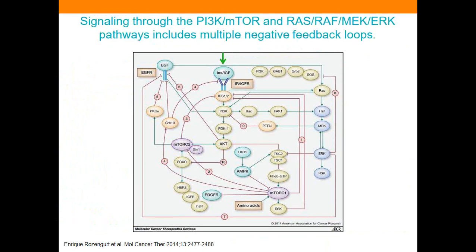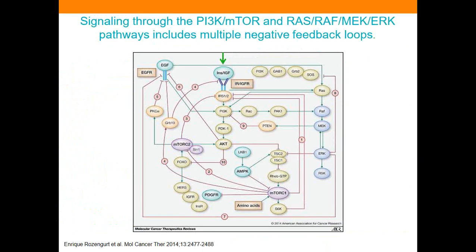We go from number 1, which basically is showing you that mTOR1 and its downstream product, S6K, essentially have negative feedback loops on the insulin receptor substrates 1 and 2, which are upstream of PI3 kinase. Then we move to number 2, which is essentially over on the left, going from mTOR1 to mTOR2.